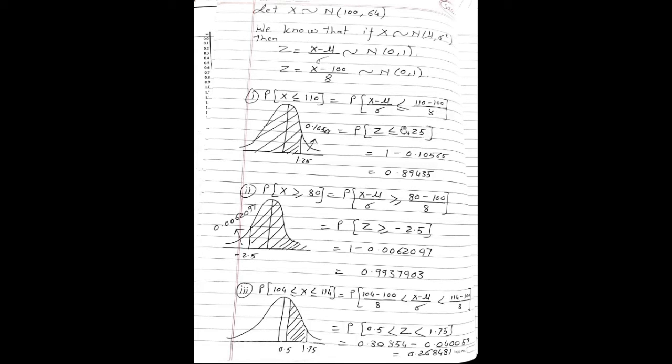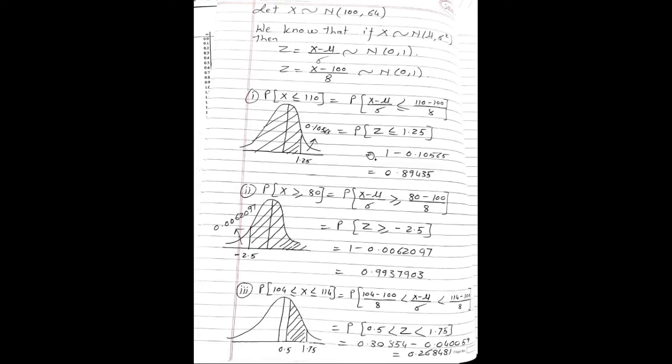Now the 1.25 ordinate is positive and we want the less part, so we will draw the curve. 1.25 will come on the positive side of the curve and we want the less part, so we will mark the left hand side portion. If I see the value of 1.2 in the fifth column in the normal probability integral table, the value is 0.10565, but that value is the tail part of the curve, which we don't want.